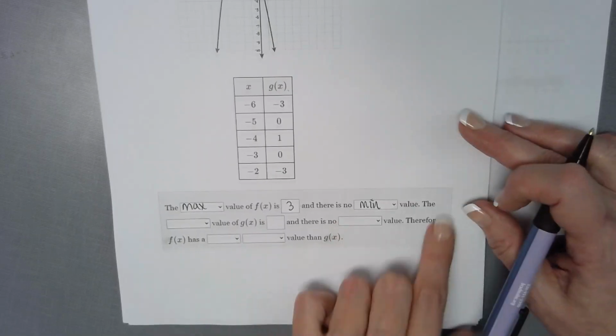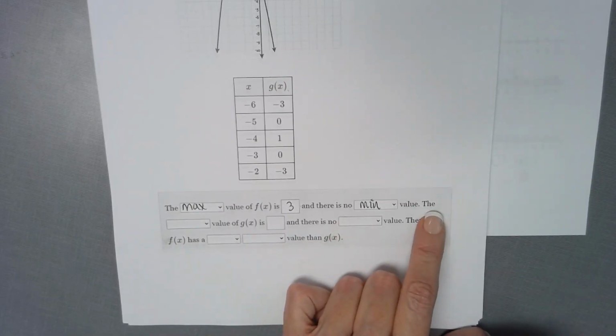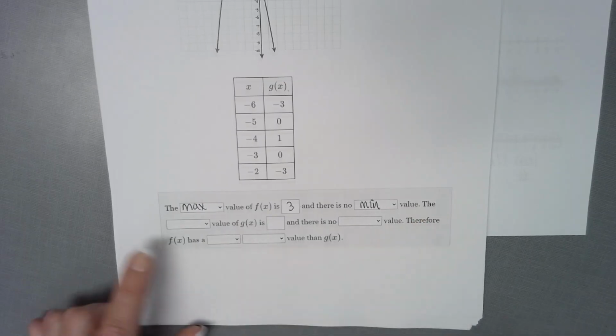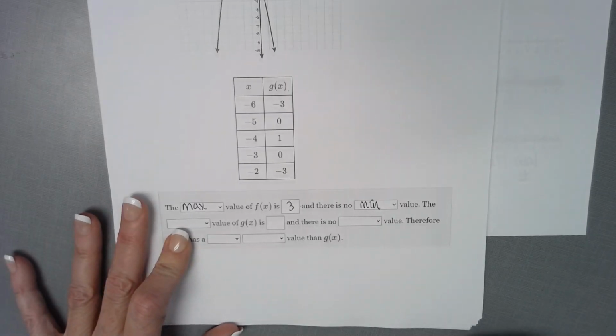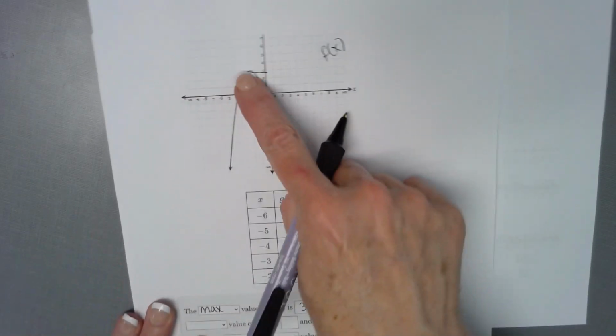Okay? Now, they're going to do this again with the table. And people are struggling with the table, so I need you to watch. The blank value, I'm just going to tell you, folks, you're either comparing two maximums or two minimums. It's not going to be a maximum and a minimum. So the fact that that has a maximum, how do we locate it? Well, take a look at these numbers.